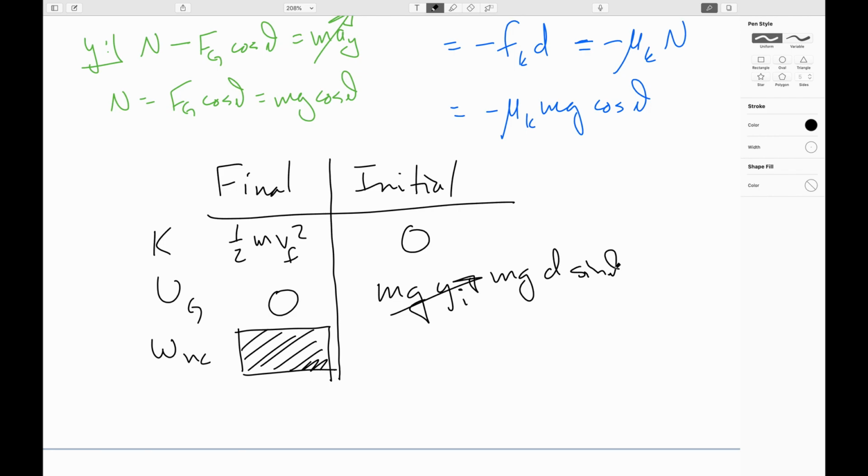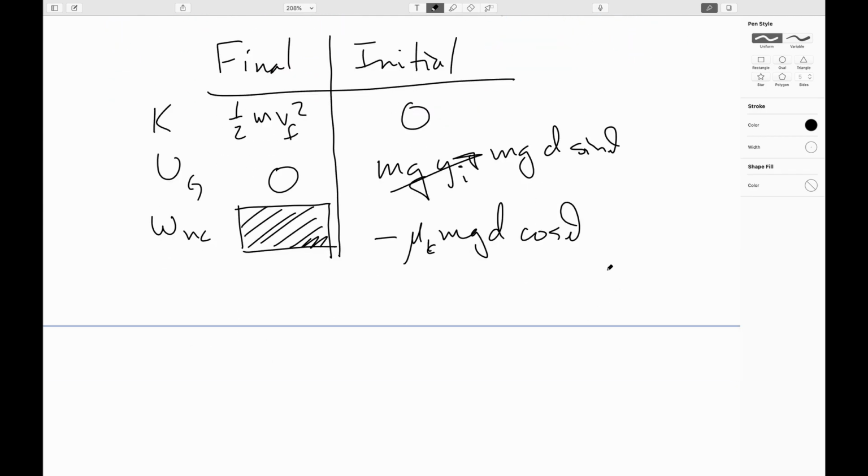And now we have to tuck in our variance, and with the non-conservative work, the only non-conservative work we have in this case was that from friction right here. So you just go ahead and put that line in right here, minus mu k mg d cosine theta. All right, same deal. We go ahead and add the columns up.